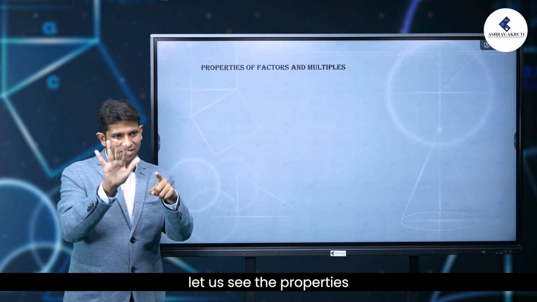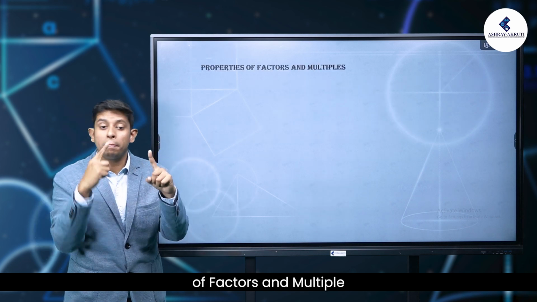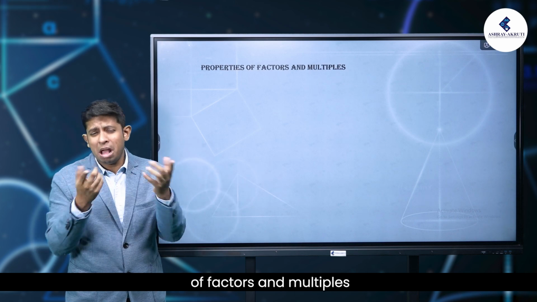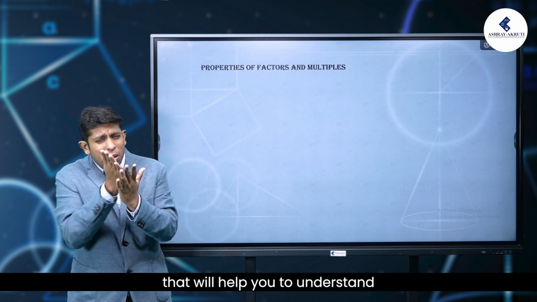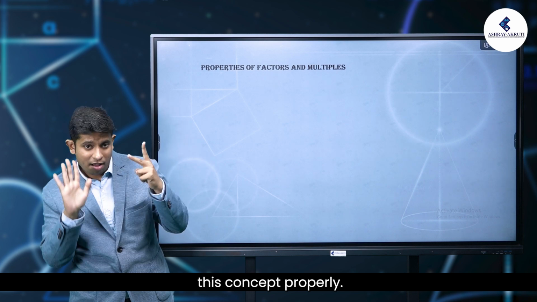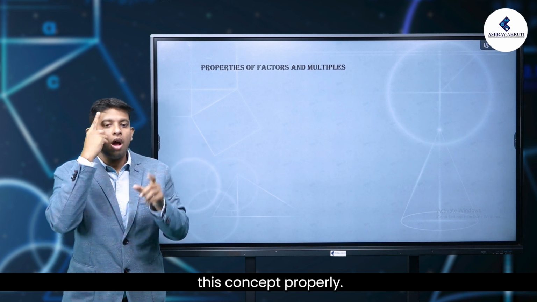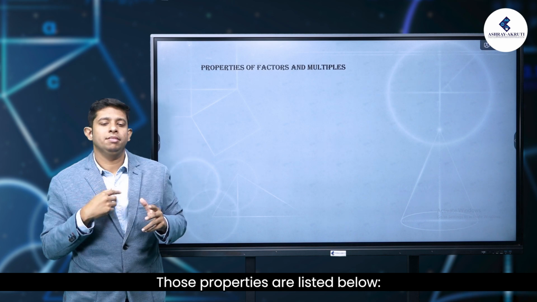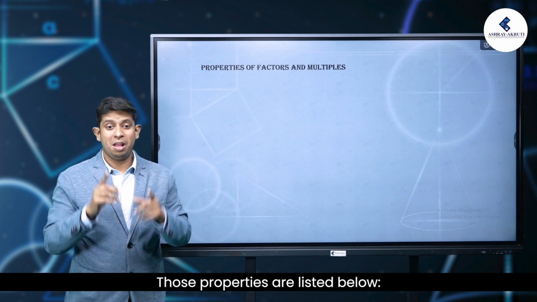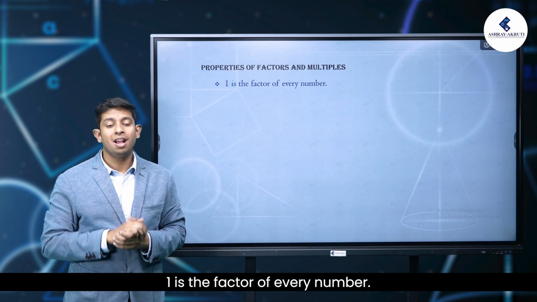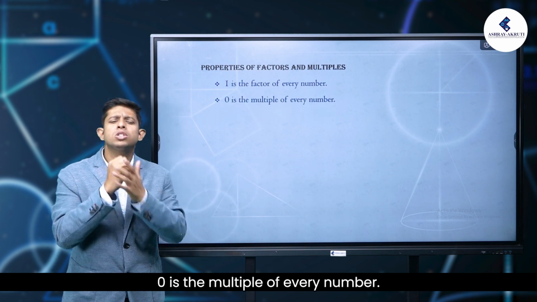Children, let us see the properties of factors and multiples. There are many properties of factors and multiples that will help you to understand this concept properly. Those properties are listed below. 1 is the factor of every number. 0 is the multiple of every number.